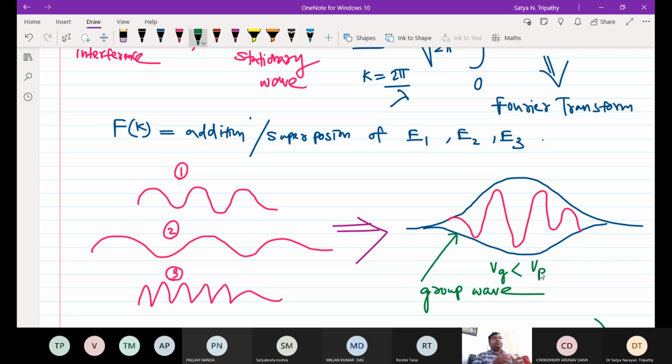If you have different input connectors, you can connect 5 to 6 waves at a single time, allow them to travel in the same direction with different frequencies, and you can easily see this group wave, this wave packet. This is a property of any wave. It may be a matter wave, a pressure wave, sound, longitudinal, or transverse, whatever it may be. It is valid for all waves, because beats are a phenomenon.